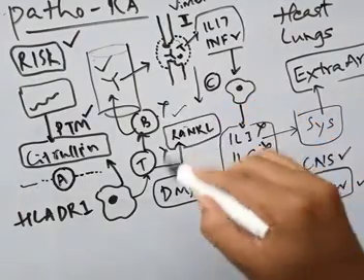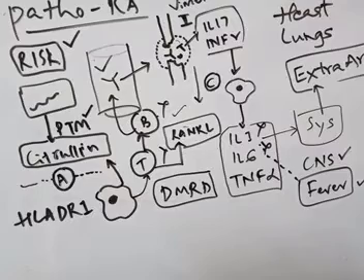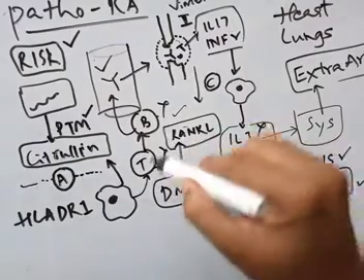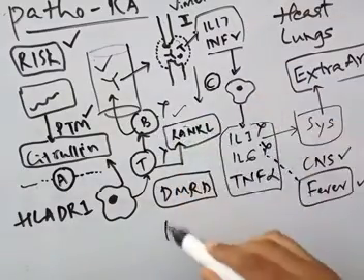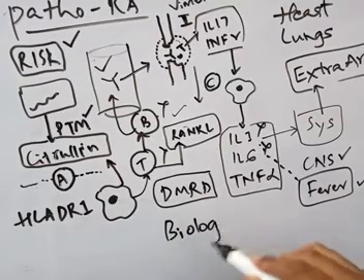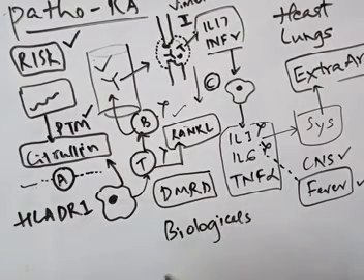This is the pharmacological therapy, and these inhibitors are known as biologicals. A few examples are inhibition of T cells by abatacept, and TNF alpha by infliximab, etanercept, etc.